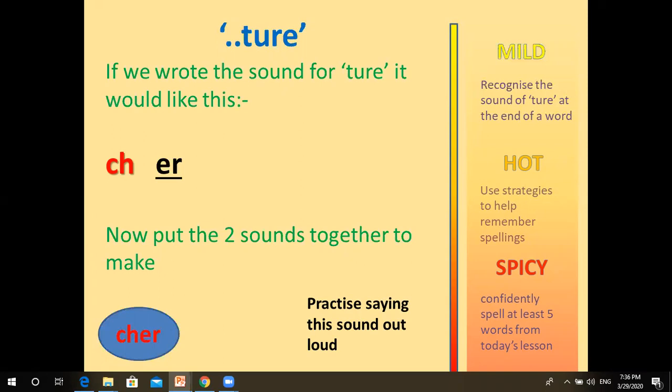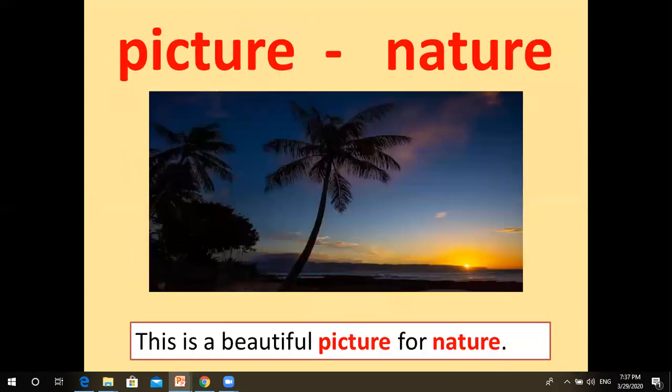Practice saying the sound out loud. T-U-R-E makes the sound of chur. It's an extremely different sound. Blend them together to get the new sound.